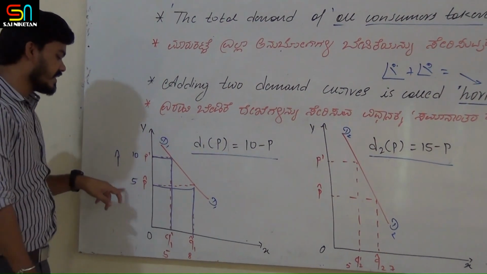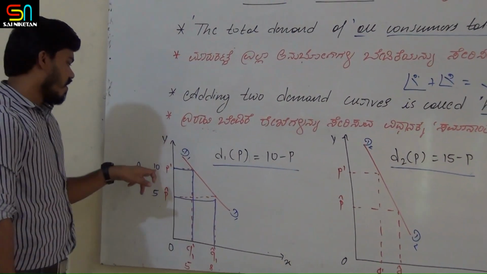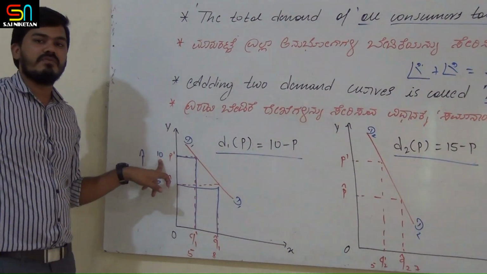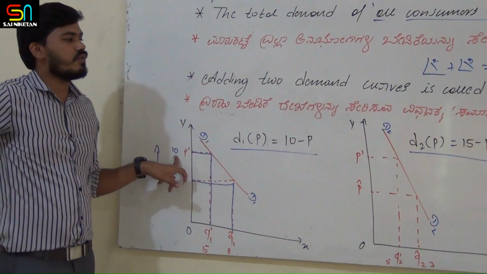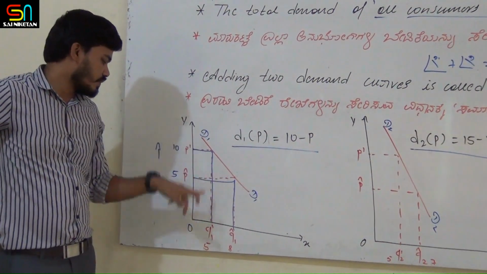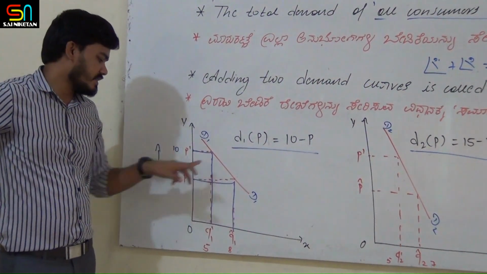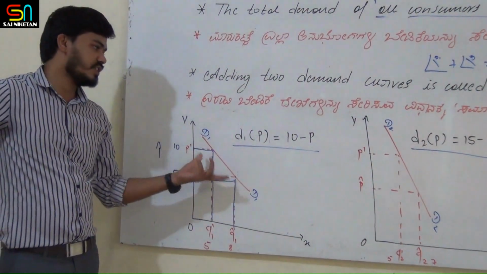When the prices decrease, obviously he increases his quantity demanded. His maximum limit will be 10 rupees here. If you go for more than 10 rupees, you have to go for the second demand curve. At 10 rupees he demands 5, and at 5 rupees he demands 10 units. This is the first individual demand curve.